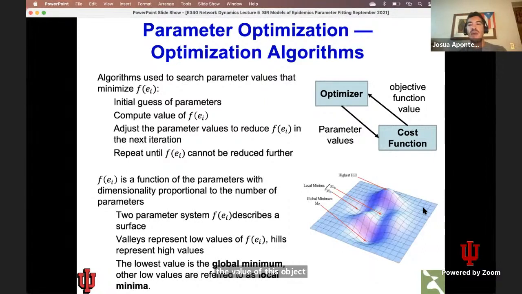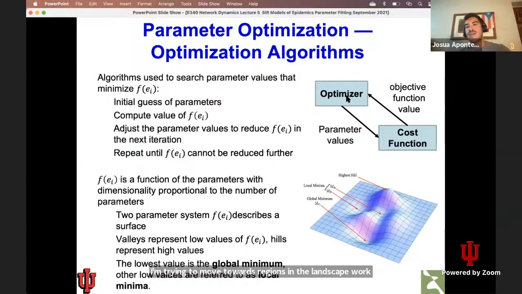And then it would generate a new set of parameter values based on the information about the landscape, trying to move towards regions in the landscape where the difference is minimum.